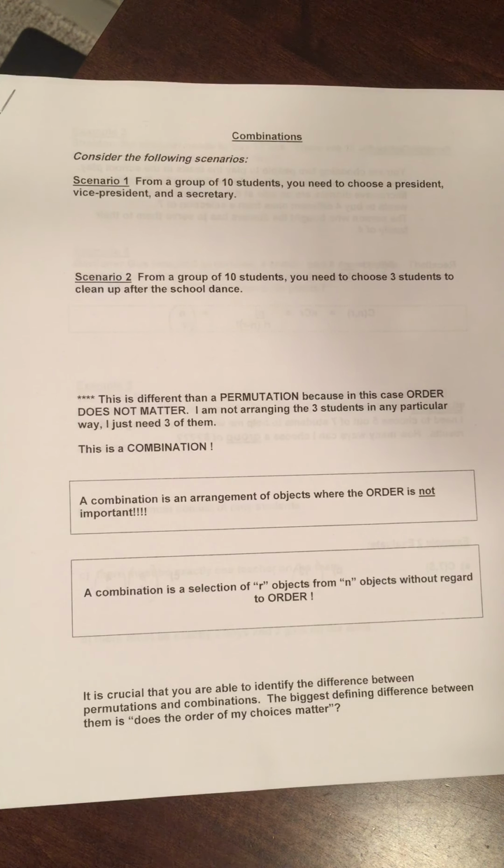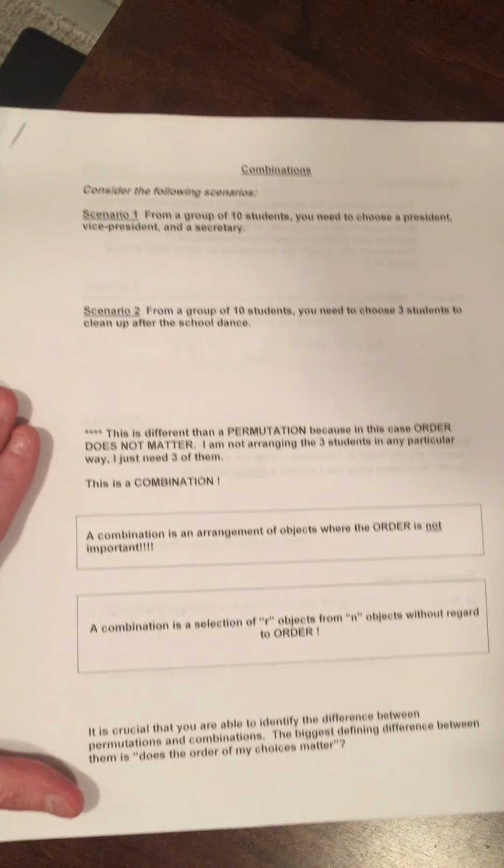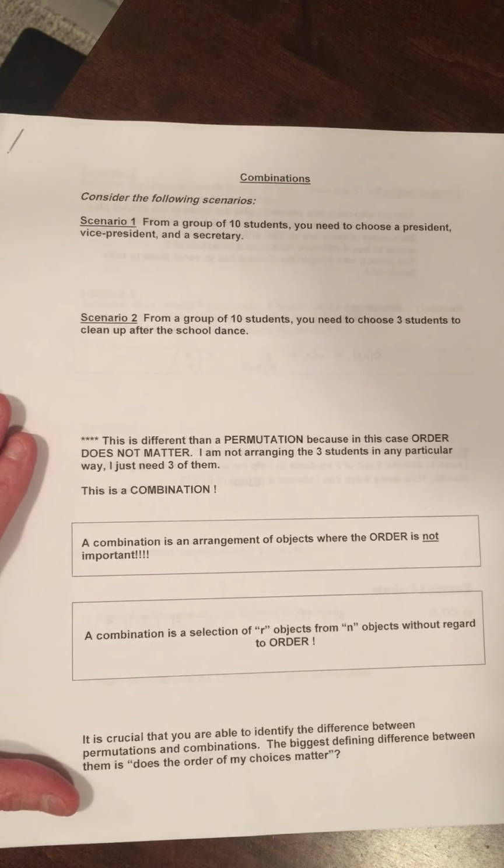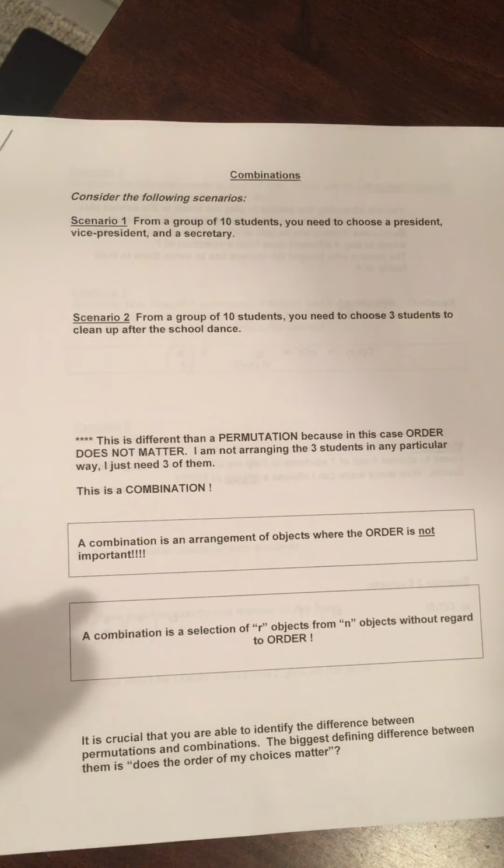So let's start out with an intro example to highlight the difference between the two. And there's one main difference, and we'll highlight that through this example. So let's take a look at this scenario number 1. From a group of 10 students, you need to choose a president, vice president, and secretary.